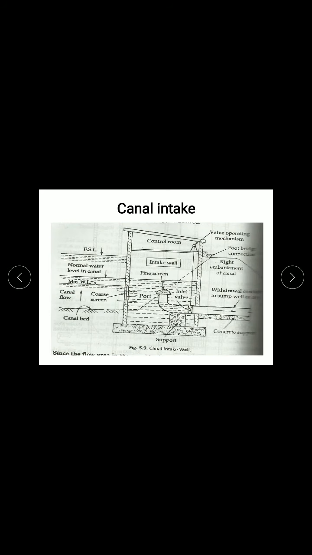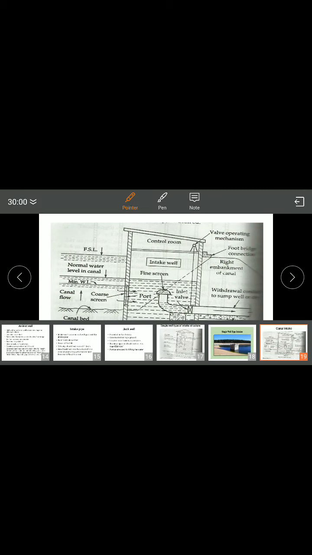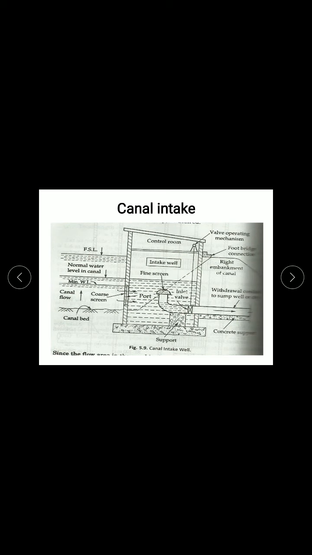Next one is the canal intake structure. A canal is an artificial way constructed to allow the passage of boats or ships, or to convey water for irrigation. This type of canal intake is generally located on the bank of the canal, where you can see the port kept at the minimum water level.